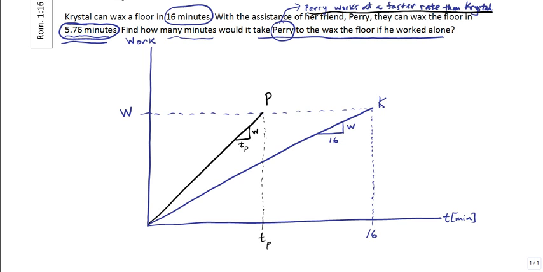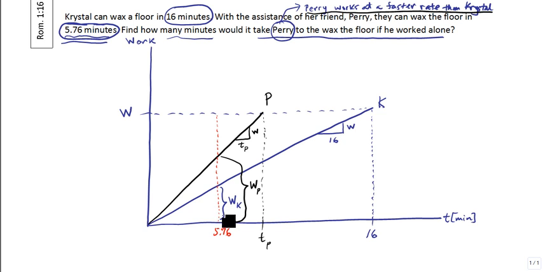When they worked together, it only took them 5.76 minutes to do the job, which we will write out over here. This amount right here, the height of this, is the work that Krystal did when they were working together, and this height here is the work that Perry did.